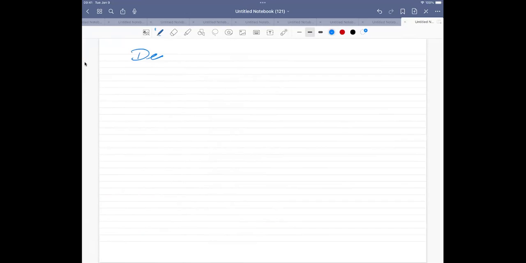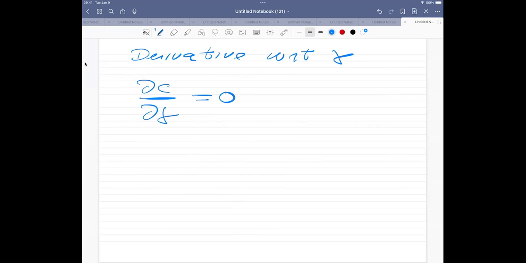So derivative with respect to this gamma. So I take this dC with d gamma, and I want that to be 0.